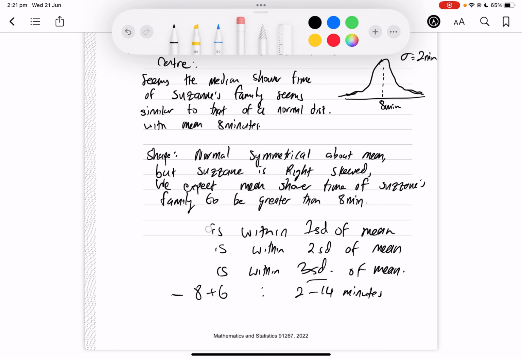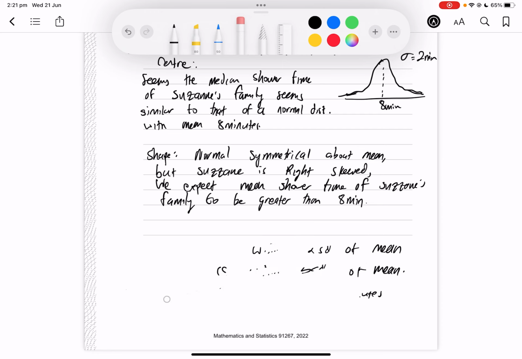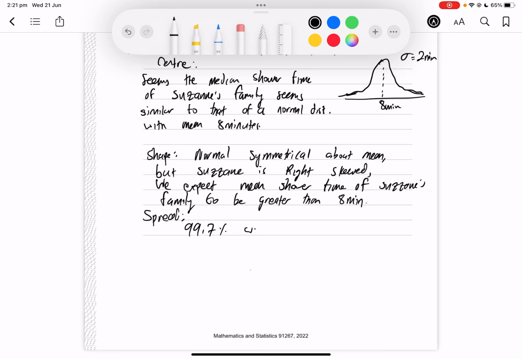We'll continue our answer in terms of the spread. And for the exam, it's probably good to mention that 99.7% of the data is within 3SD. So expect most to be within 2 to 14 minutes. I'm just going to use ST for shower time.